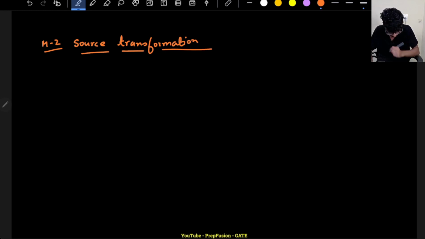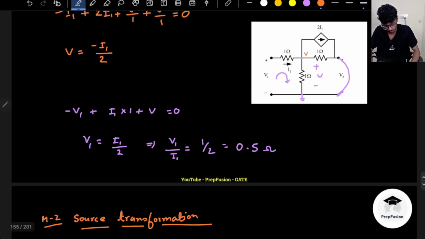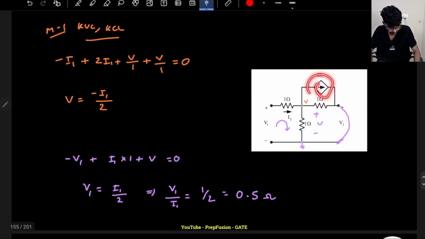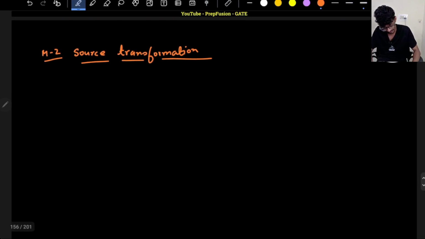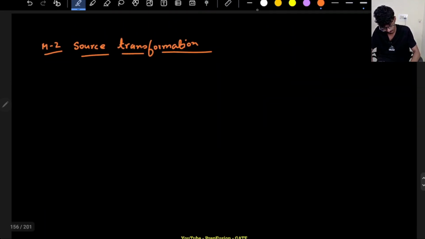So in source transformation, basically what I will do is convert this parallel current source into a series combination of a voltage source. So the left hand side will be the same only. This will be 1 ohm, this will be 1 ohm.